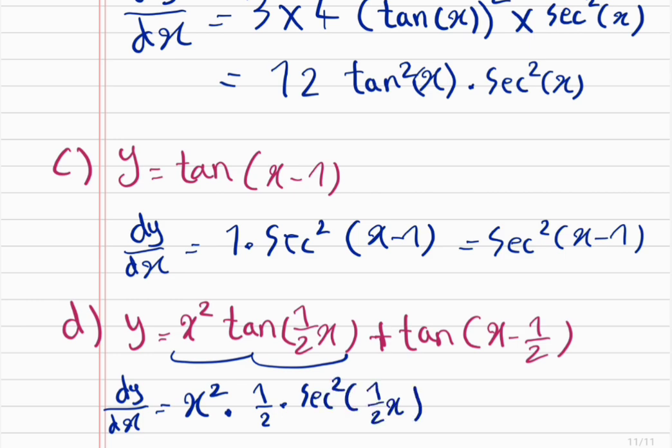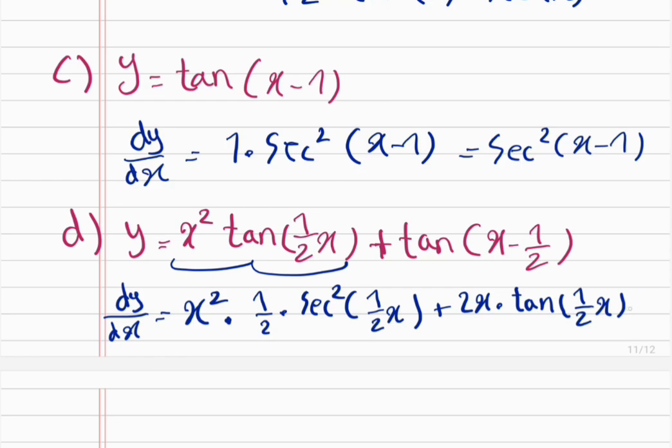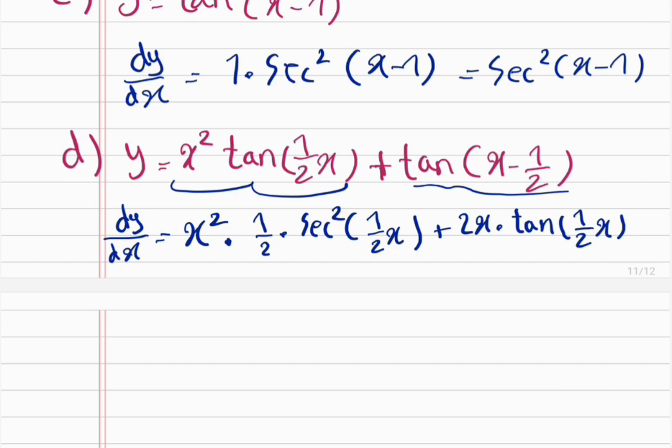But remember, it's a product rule. So the second part is now differentiating the first function this time, which is 2x, times the second function, which doesn't change. And now we can differentiate the last function, which is tan of half x. So that one, again, inside the bracket is half x.